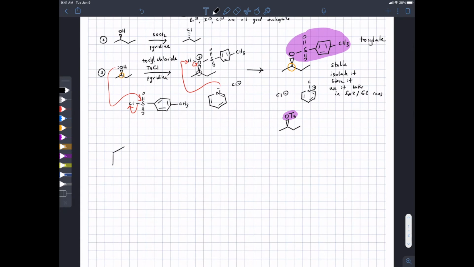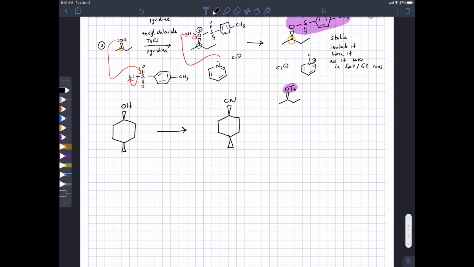Well, suppose you had a starting material like this, and you wanted to end up with the following product. Last time we talked about a similar situation where you wanted to replace the OH group with something else, and you couldn't do it directly, first because the OH is a terrible leaving group, and secondly, because a single SN2 reaction would result in the CN minus being down.